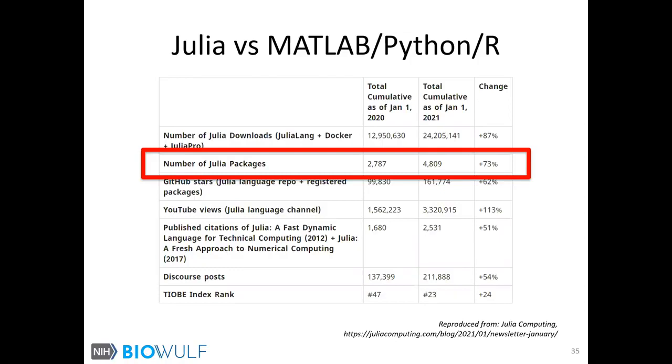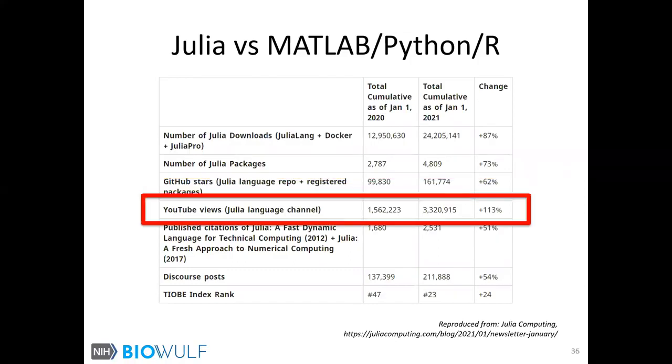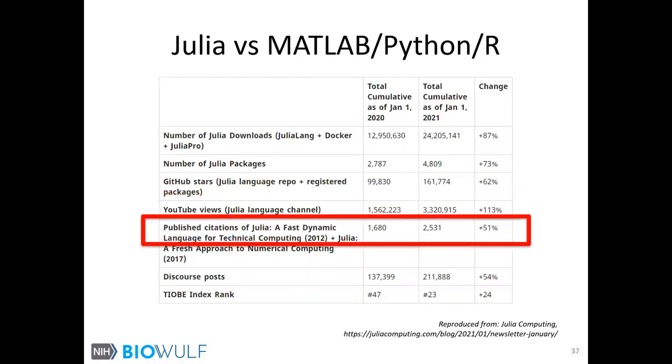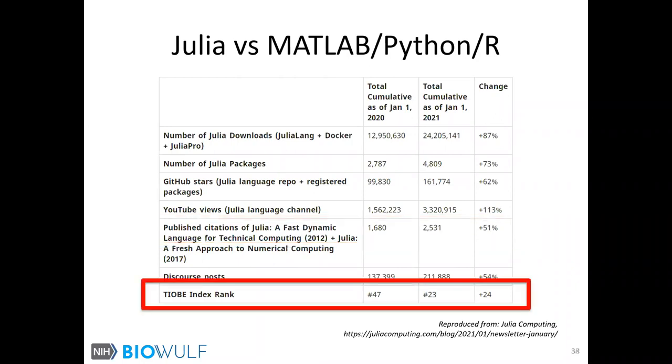But it's still a big surge in the number of packages publicly available to use with Julia. Another thing that we can look at is the YouTube views of the Julia language channel, and that also has increased over 100%. The number of citations for the Julia papers has also increased 50%. It's just a very good sign that things are picking up for Julia.